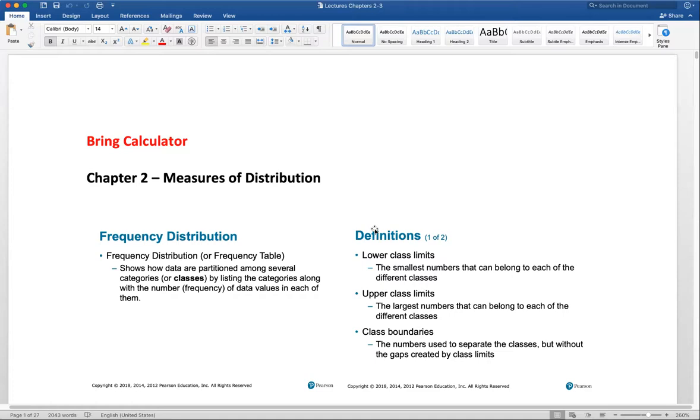Organizing, summarizing, and presenting by drawing tables and figures, for example a histogram, bar graph, pie chart, or tables, are called descriptive statistics. That's what we're going to do in Chapter 2.